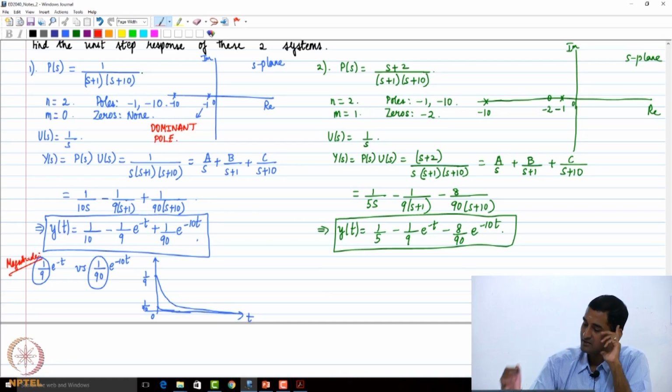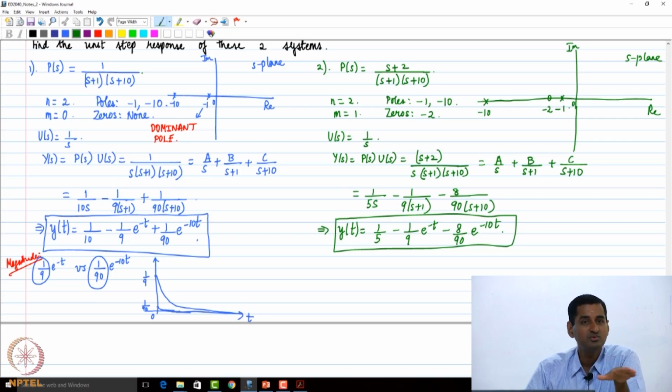Okay, fine. Let's now come to this example, right? So what happened here? We introduced a 0 which is closer to -1, right? So I'm sure all of us agree that -2 is closer to the pole at -1 than the pole at -10, right? Okay. Now we see that once I introduce a 0 at -2, what is the effect of that 0?